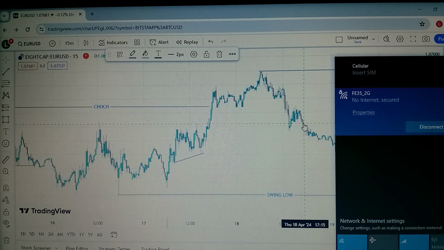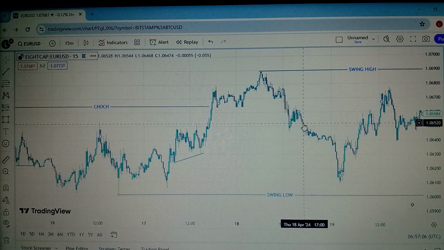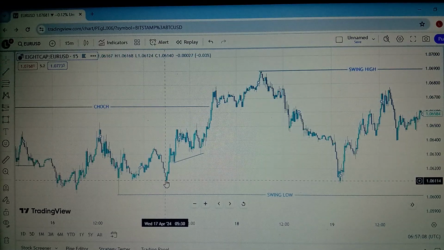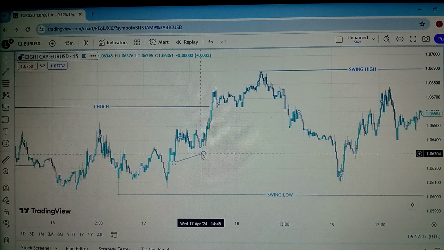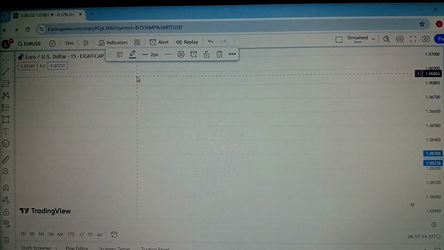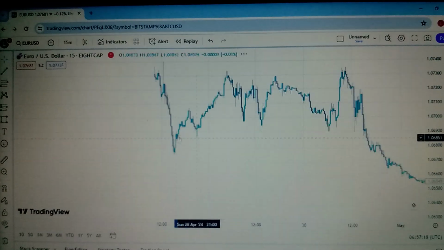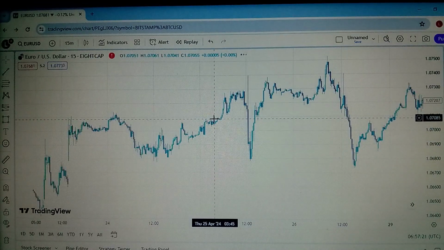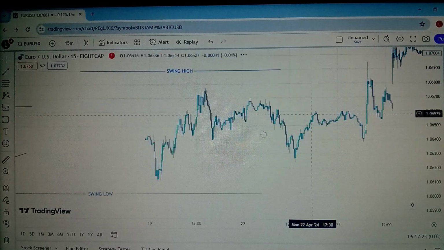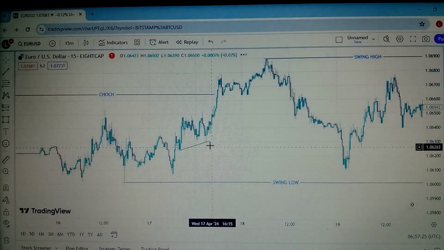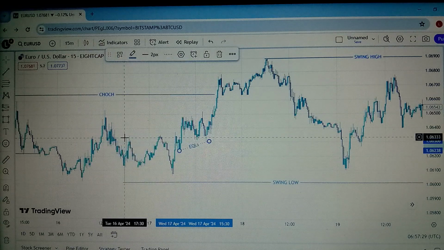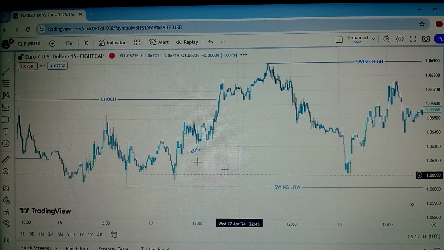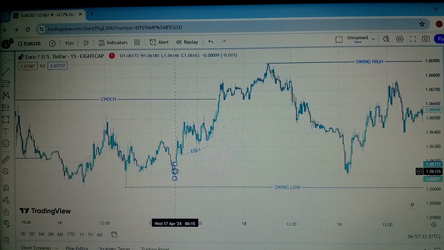So guys, what I saw is that we have relatively equal lows here, which is another form of liquidity.